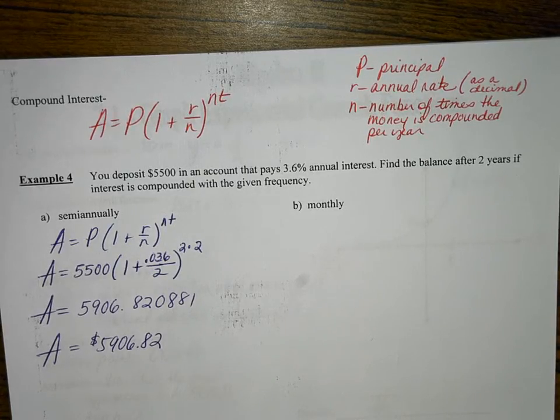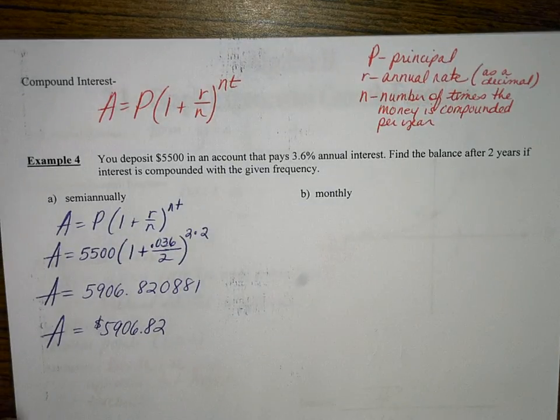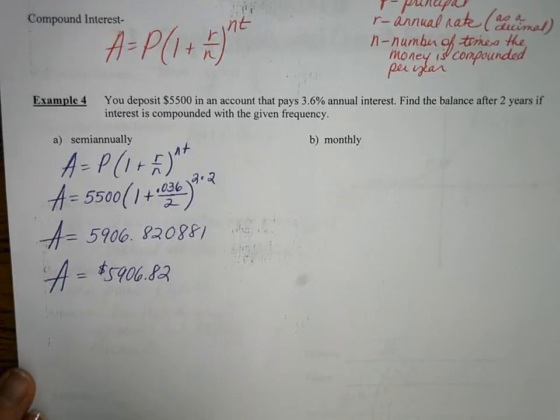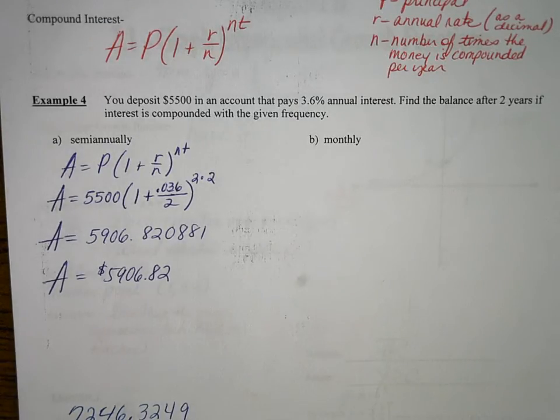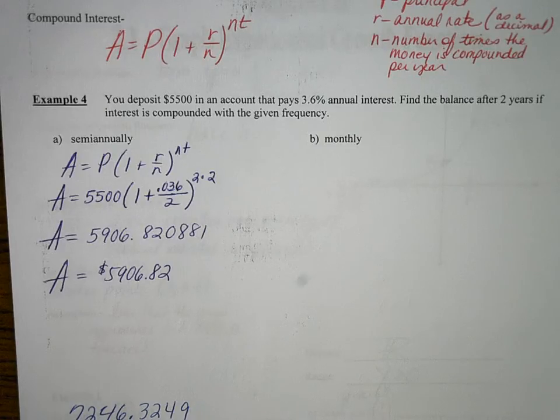Okay, so let's say we have a situation where the amount of money is $7,246.32, and then there's a 4 and a 9 after it. Okay? Normally we would round this to what? 32 cents, right? Here's the deal.